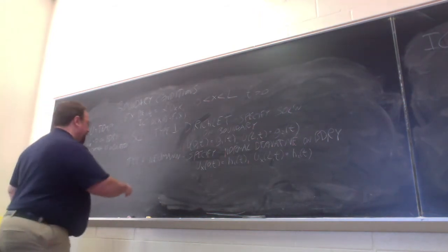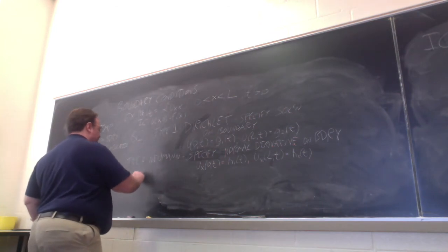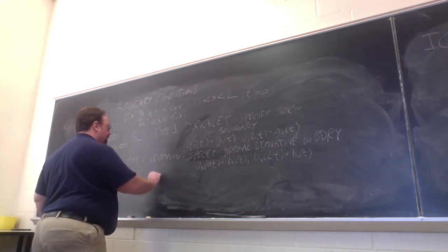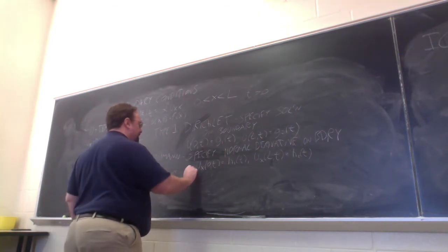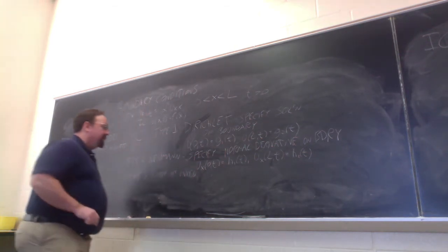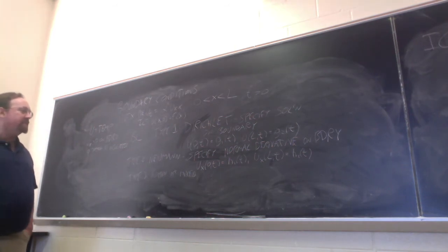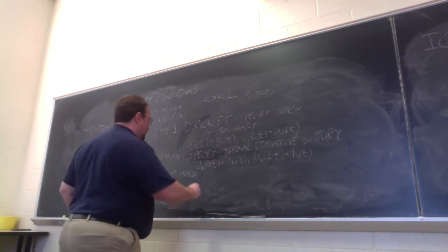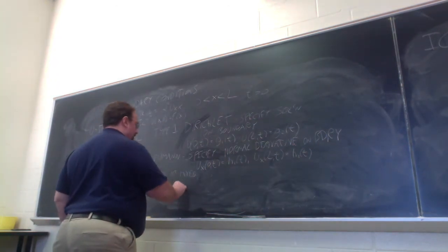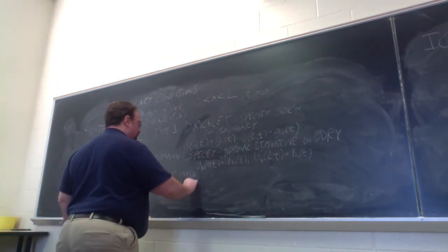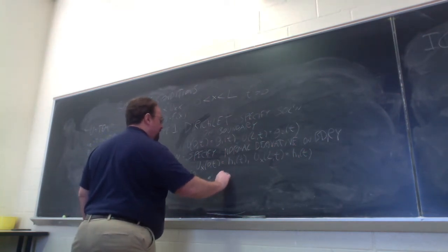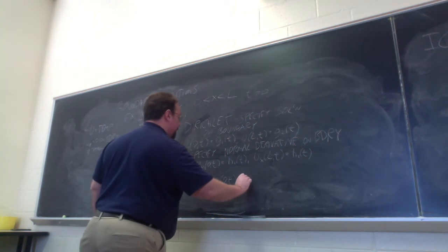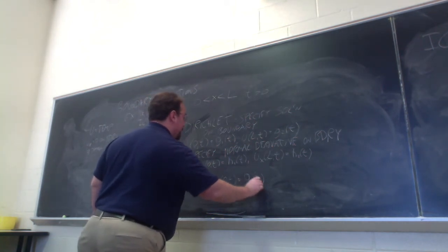Now the third type of boundary condition are called Robin boundary conditions. They're also called mixed boundary conditions. So this is where you have a linear combination of the Dirichlet and Neumann cases. So you may have alpha 1 u of 0,t plus beta 1 du dx of 0,t equals some given function.